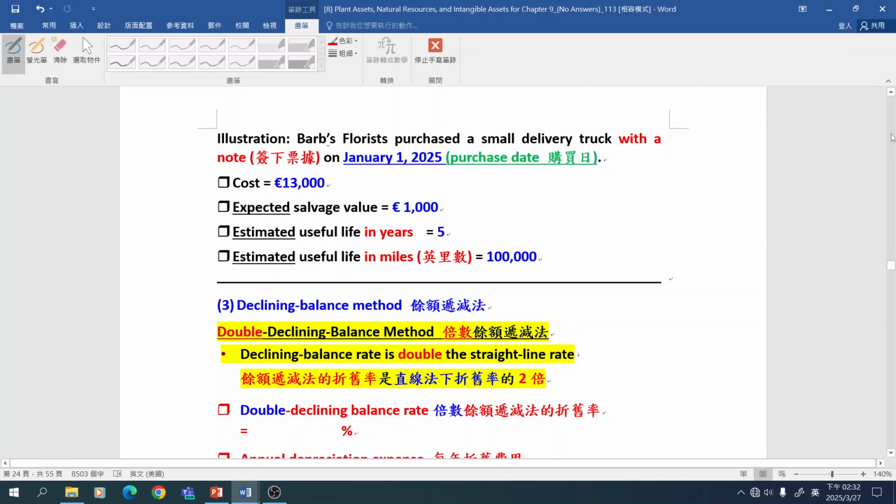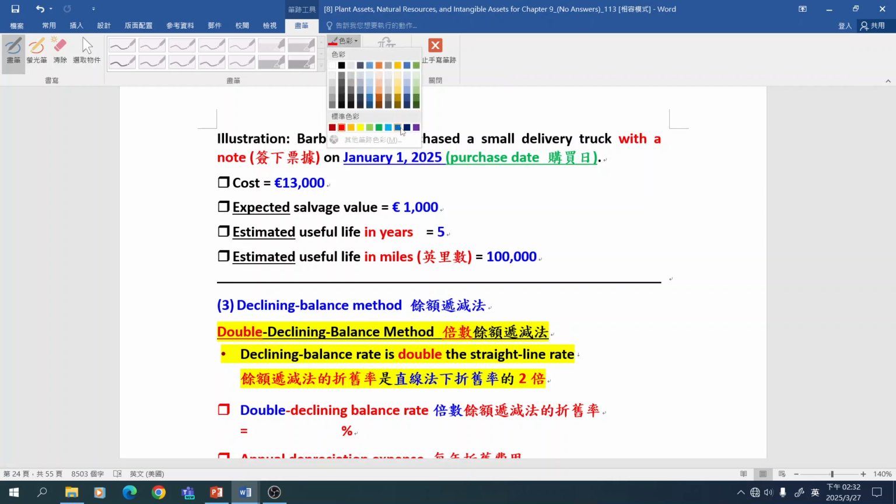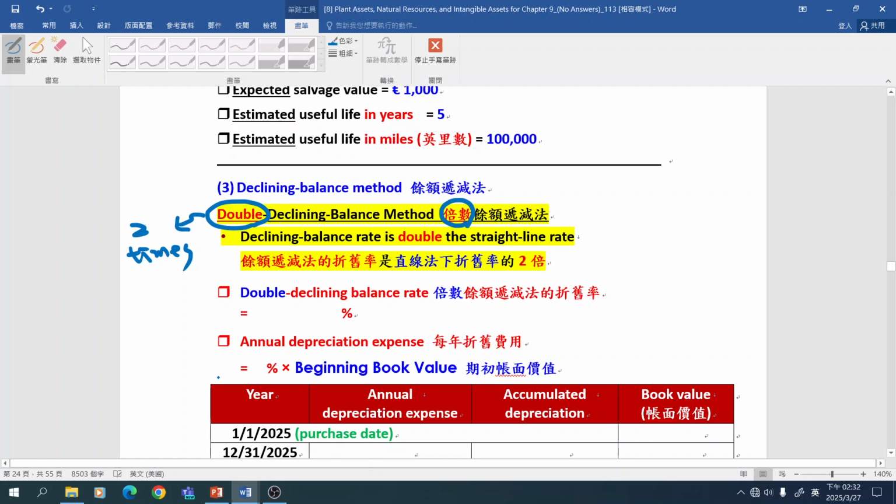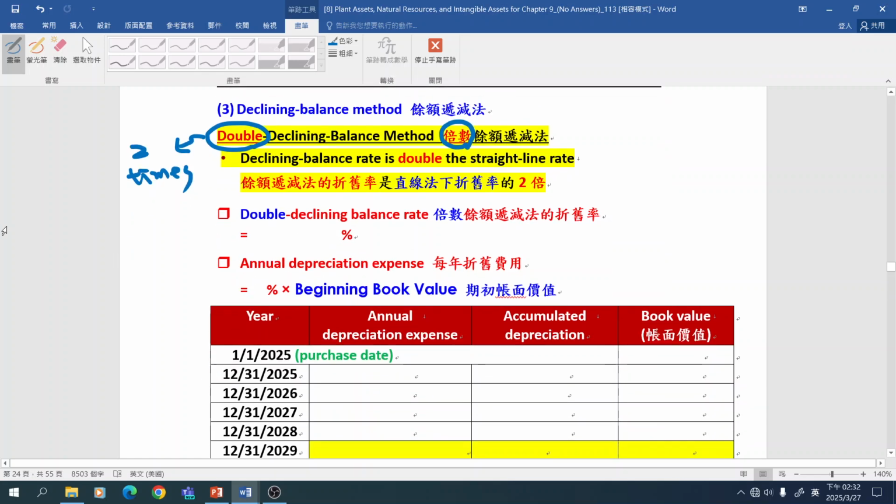So what's the number we choose here? Double. Double told you we decide to choose 2. 倍数, so it means you decide to choose 2 times, 2倍. Okay?